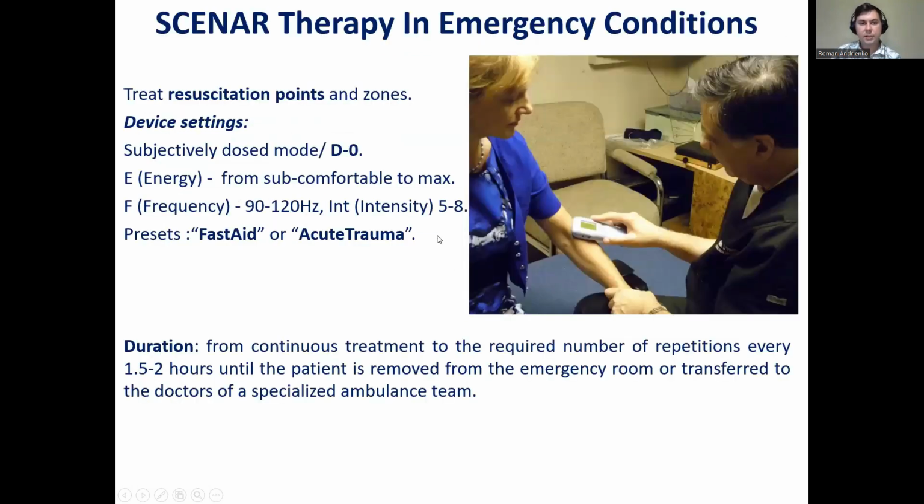Again, some protocol for emergency conditions here. So we can also treat the resuscitation points and zones, and we can use these settings.